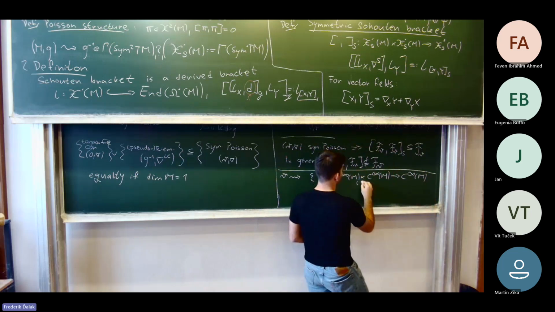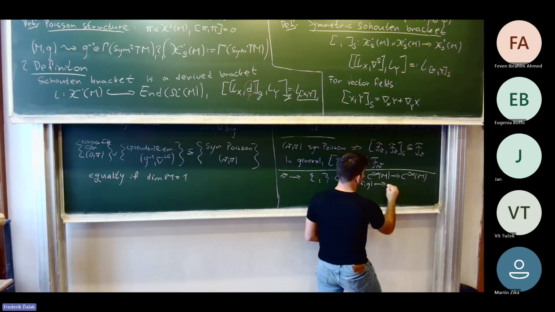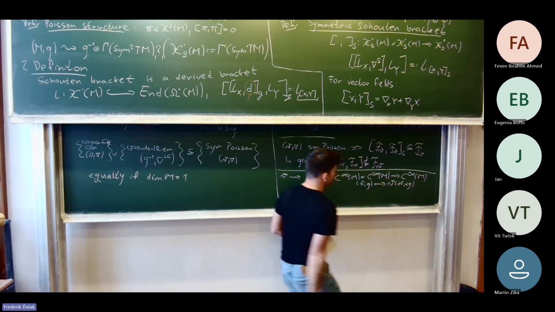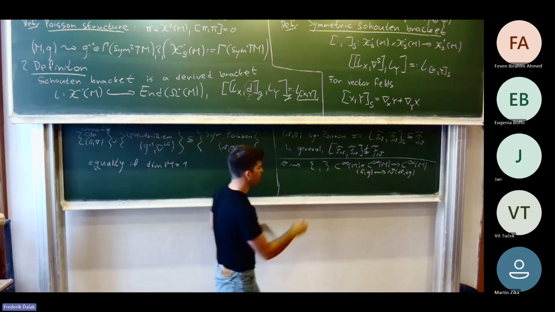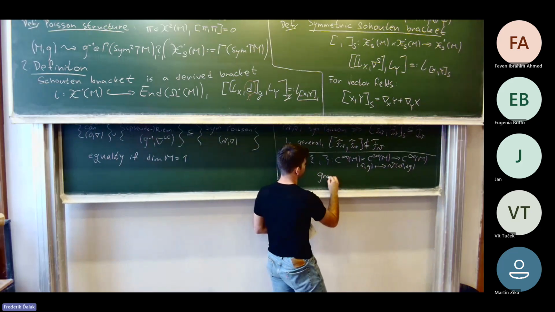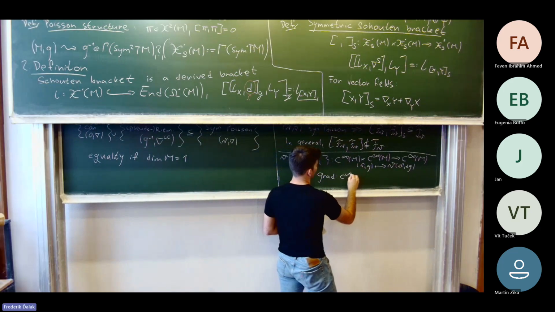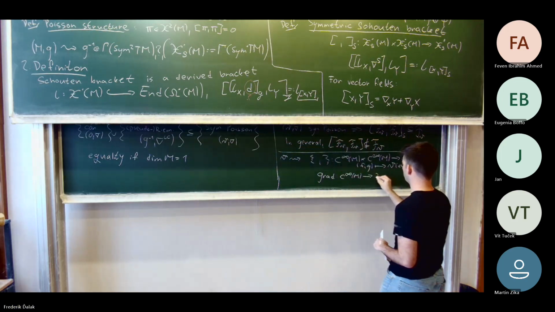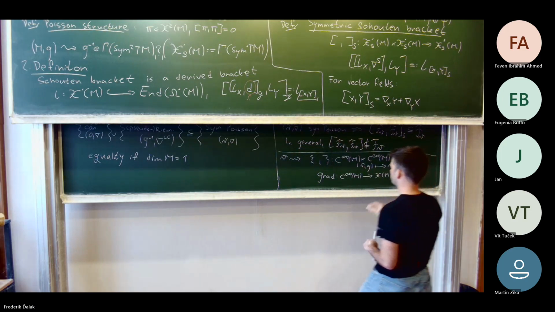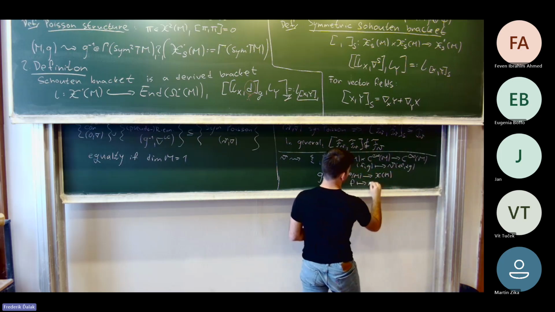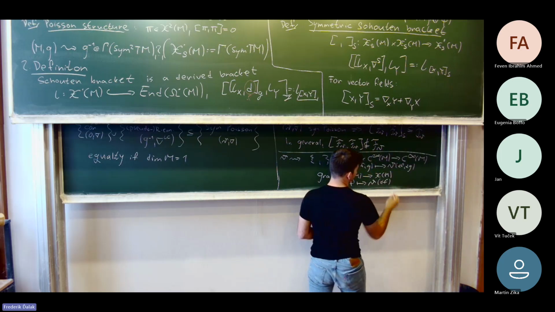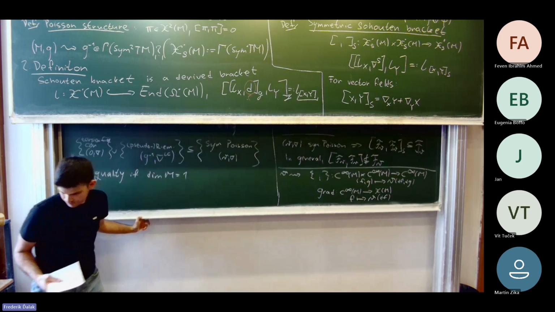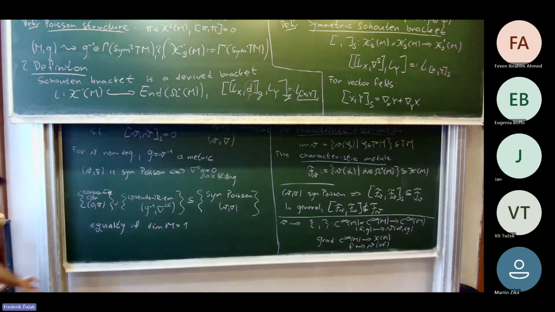So for functions f, g, I assign theta(df, dg). And I also have a way to create vector fields out of functions. So I have gradients now. It's simply given by this. So I have these two things.